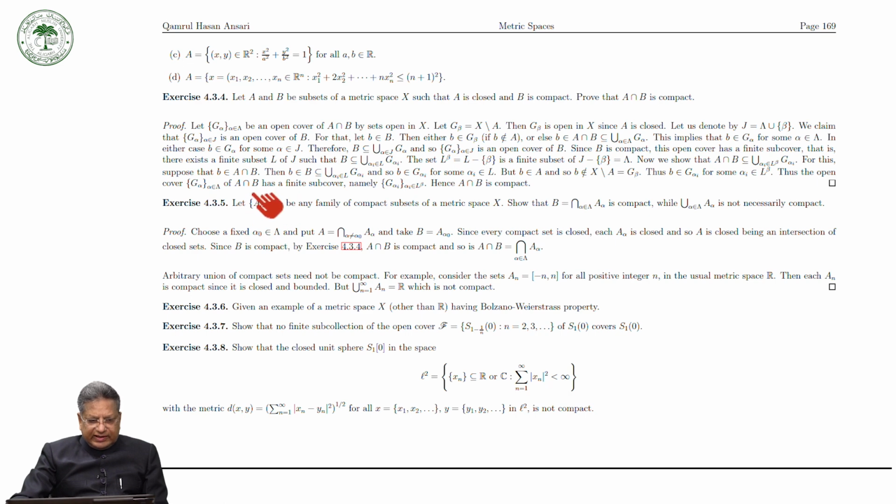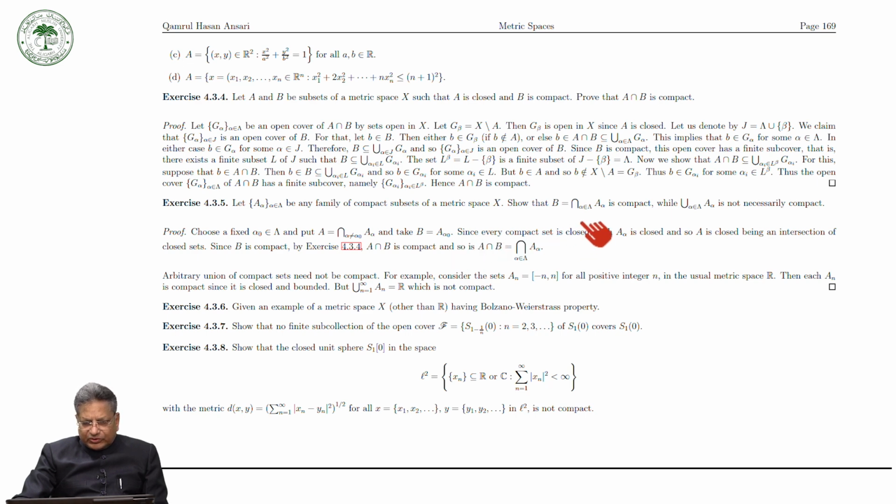So here we have the exercises. Let A alpha be any family of compact sets of a metric space. Then prove that the intersection is compact, while the union is not necessarily compact. For this one, we can choose a fixed alpha naught and put A equal to the intersection of A alpha, where alpha is not equal to alpha naught, and take B equal to A alpha naught.